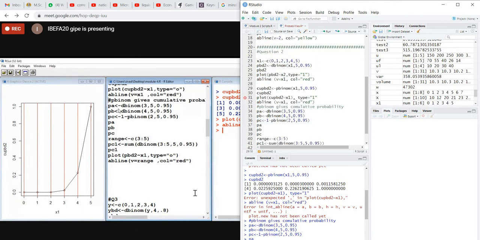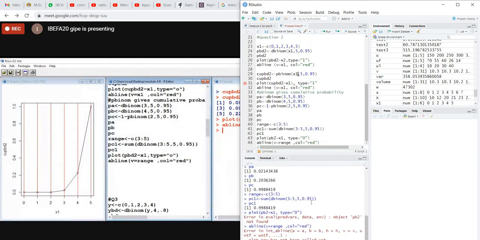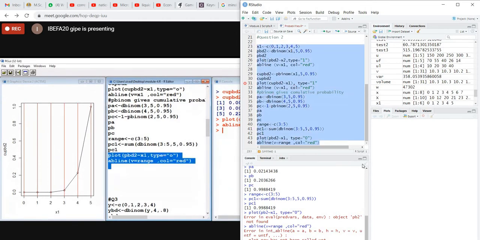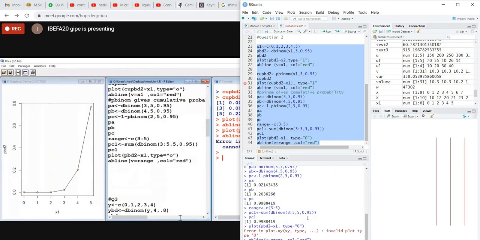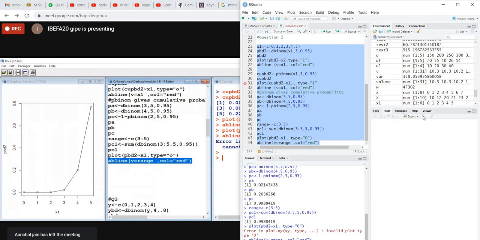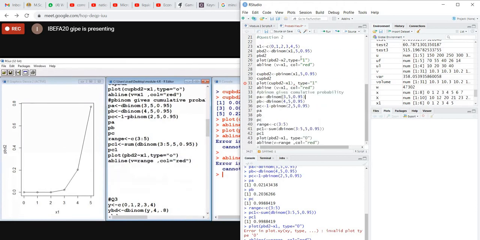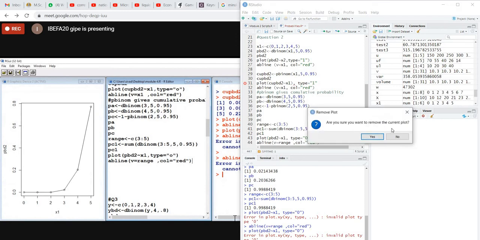Find the sum of dbinom 3 to 5, 5, 0.95. And abline, v equal to the range, then col equal to red.